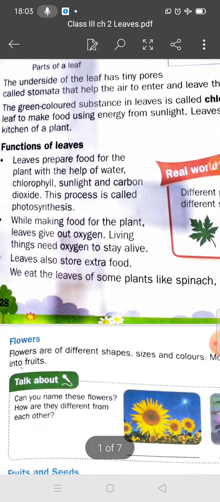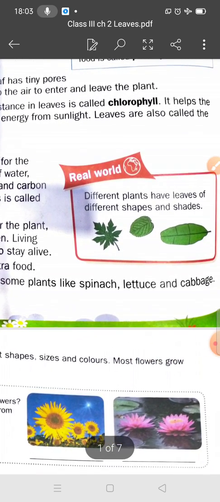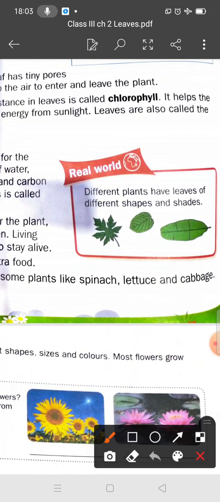Yes, student, we eat the leaves of some plants like spinach, lettuce and cabbage. Another example of leaves is mint, and coriander also. There are many leaves that store extra food and are eaten by us.